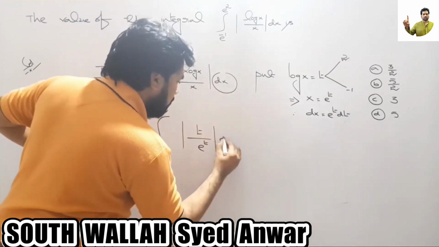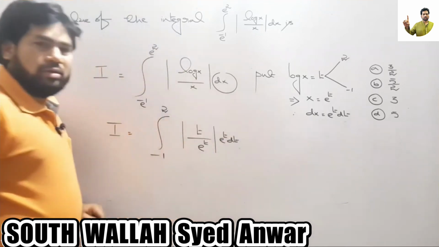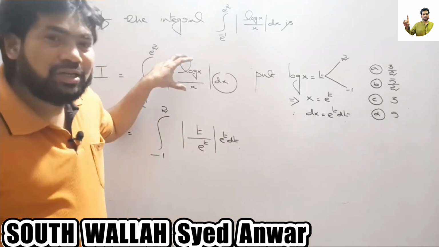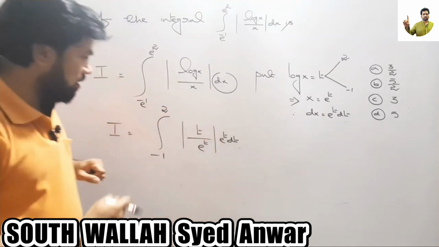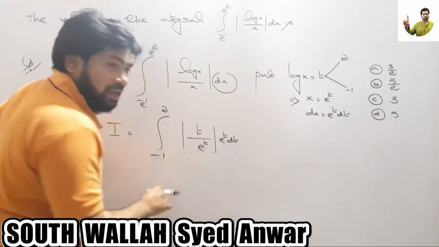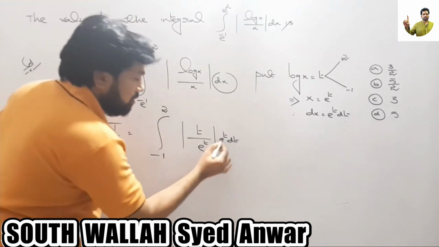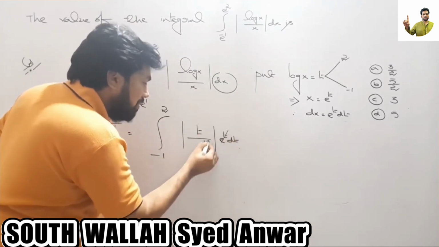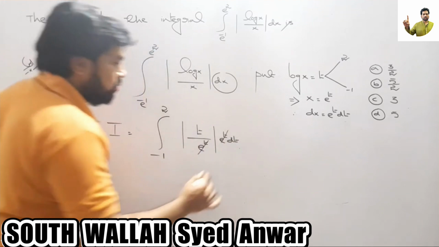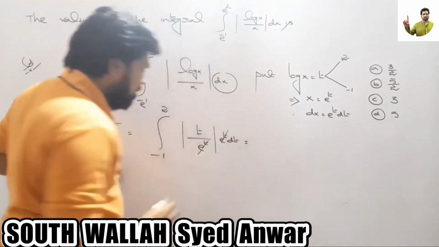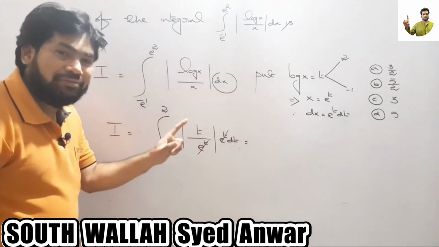E power t into dt. So the given information has become like that here. Now e power t modulus is involving here. E power t is always positive. So that means e power t gets cancelled here. So only modulus of t is left here.